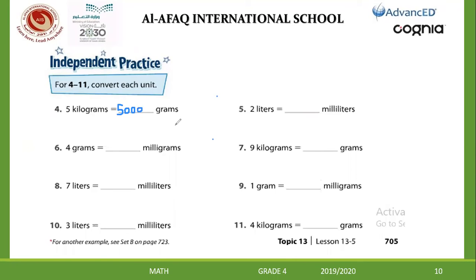Okay, second one, 2 liter to milliliter. As we said, each 1 liter equals 1,000 milliliter. If you repeat this 1,000 2 times, of course, it will be 2,000. We just annex 3 zeros on the right.